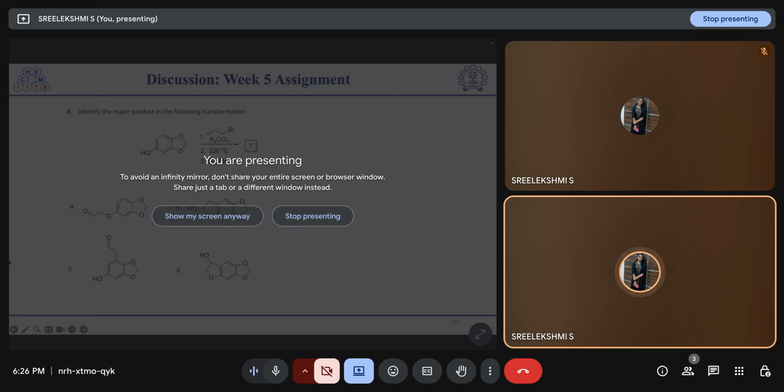Moving to the next question, identify the major product in the following transformation. So this phenolic derivative upon treatment with allyl bromide and K2CO3 in the first step, then heating to 220 degrees Celsius, and then ozonolysis, which will be the major product.